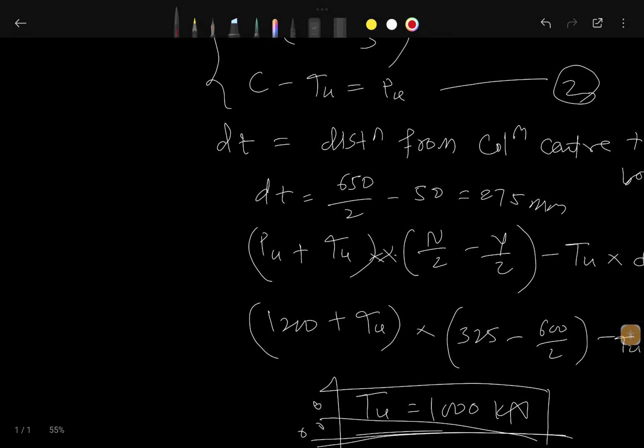Then we calculate the base plate dimensions, and according to the base plate dimensions we can calculate the base plate thickness also. So this is the step by step procedure.